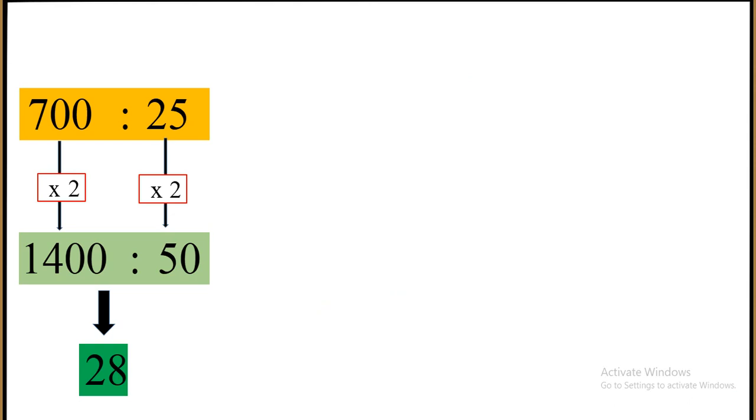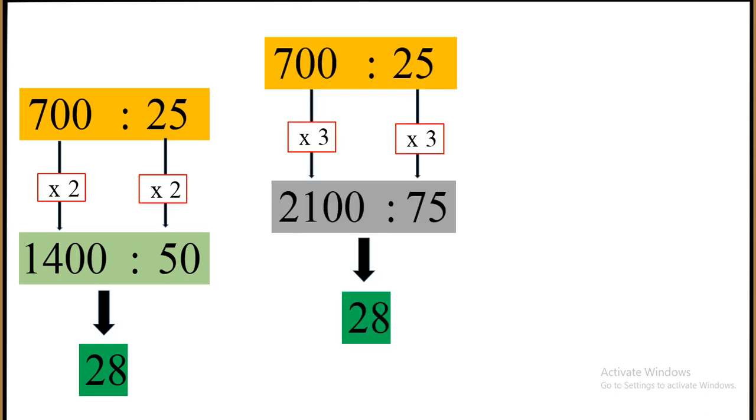Yes, this time we change 700 to 1400 and 25 to 50, but the process of division still looks not easiest. But let's see the others.